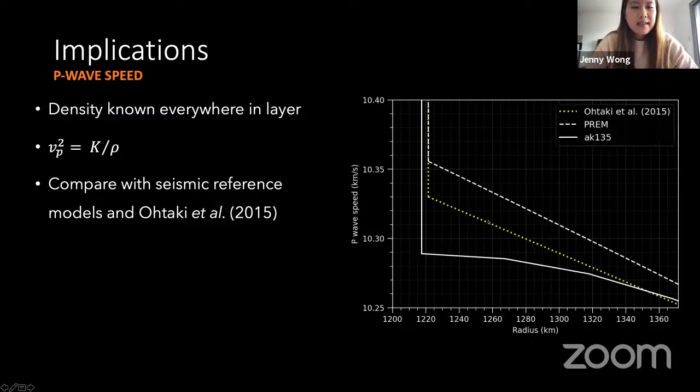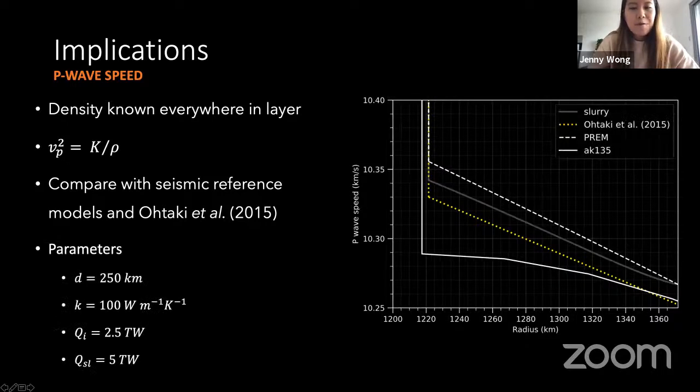This yellow line denotes an observation by Ohtaki et al. 2015, which sees a slowdown in the P wave velocity that infers a stably stratified layer. I've chosen some parameters that fit within this profile. There is a pretty good fit, but the boundary conditions are slightly different, because I've assumed the density needs to be continuous with PREM at the top of the layer. But all in all, the difference between the slurry and Ohtaki's profile is about 0.1%.